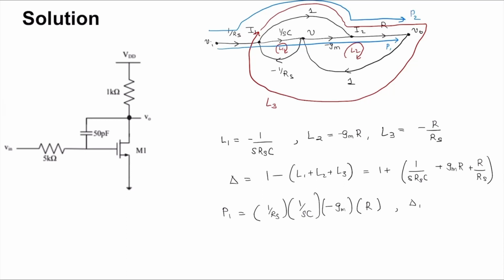And delta 1, since this path touches all loops, is just going to be 1. And P2 is equal to R by Rs. That is, P2 is the product of this and this. Again, since P2 touches all the loops, delta 2, its cofactor, is going to be 1.